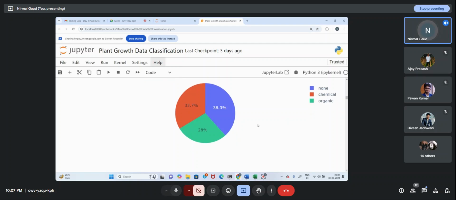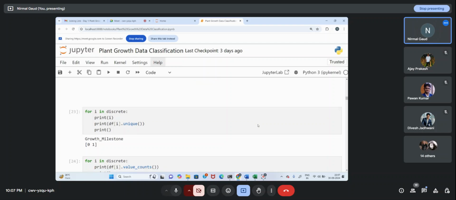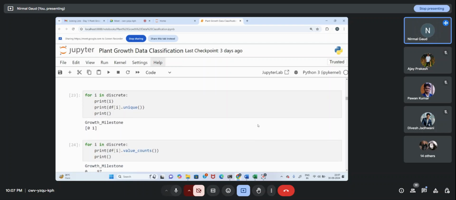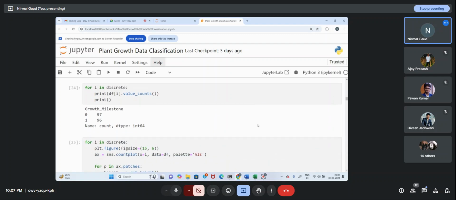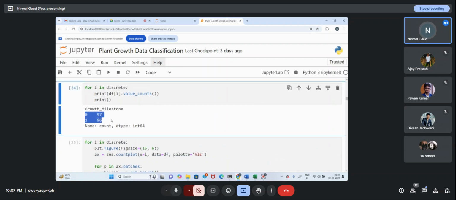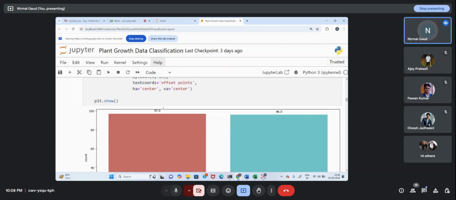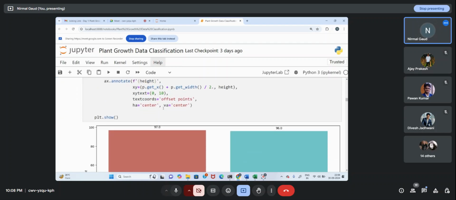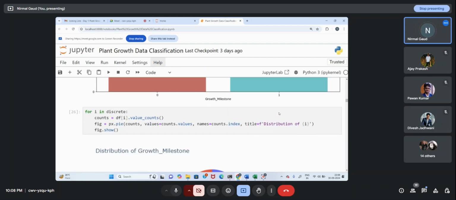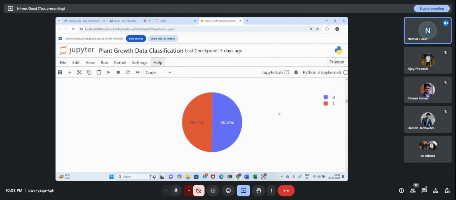Then I performed the visualization for discrete, that is your milestone 0 and 1. Milestone is balanced in nature, so I don't have to do any data balancing for this particular data. Then I made the count plot for the discrete, 97, 96, and then the pie plot for it.